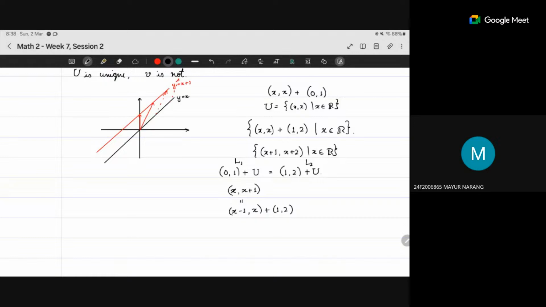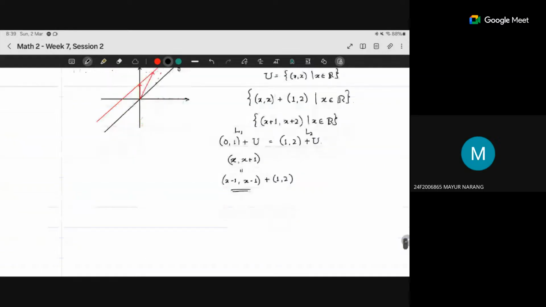I'm trying to prove that L1 is equal to L2. I take an arbitrary element in L1, which is of the form (x, x plus 1), and I write it as (x minus 1, x minus 1 plus 1) plus (1, 2). But this is an element of u. U was y equal to x, so this is an element from that set.